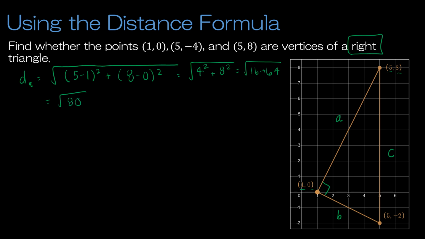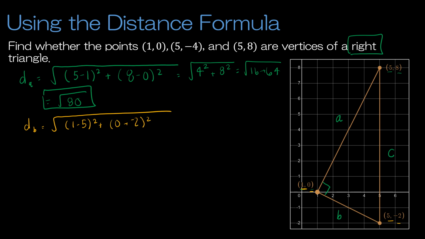Now, could I reduce that? Yes, I could. Would I turn it into a decimal? No, I wouldn't. For now, I'm going to leave this just like that. Now I'm going to do the same for B. So the distance of B, and B is 1 minus 5, quantity squared, plus 0 minus negative 2, quantity squared.